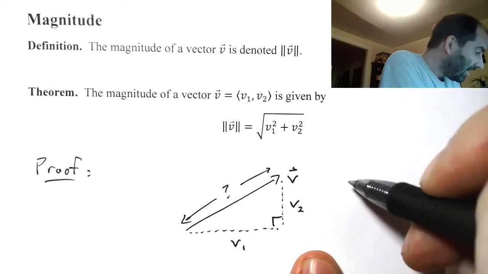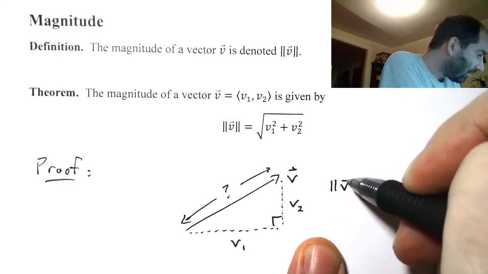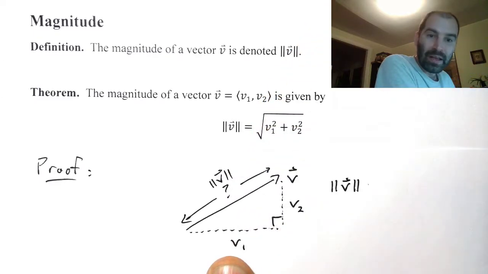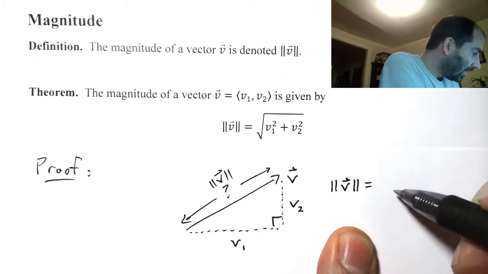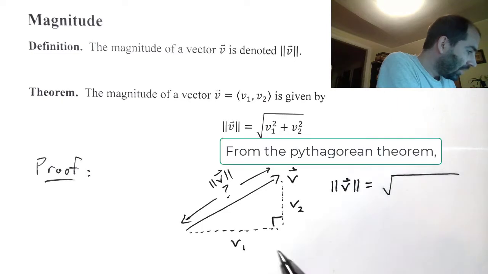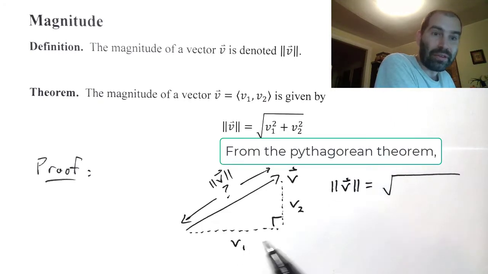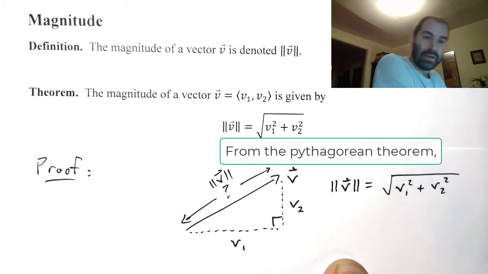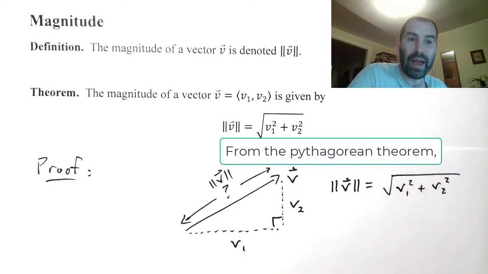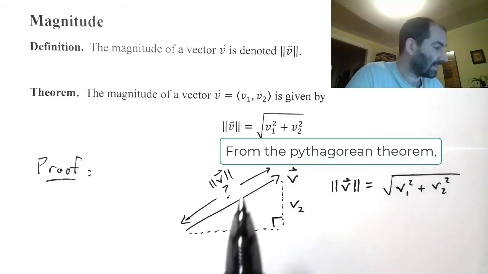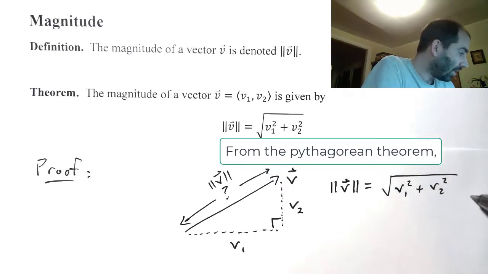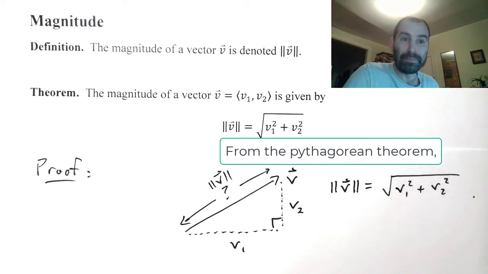So we know that the magnitude of the vector, that's this thing that we're after here, is given by the square root of the sum of the squares of the sides. It just follows from the Pythagorean theorem, and that's exactly where they get this formula. So a very quick proof of that theorem.